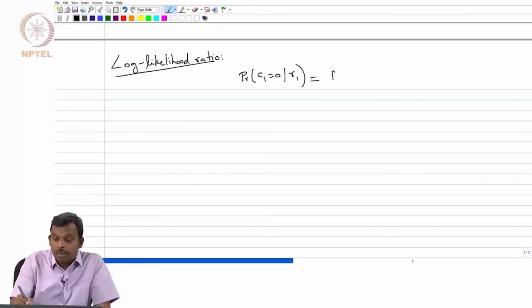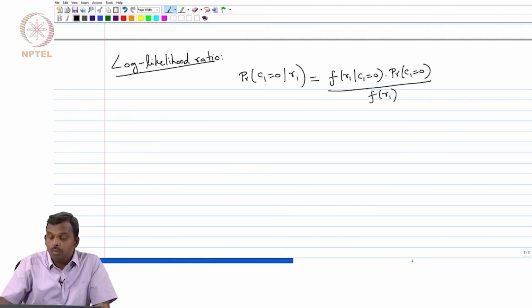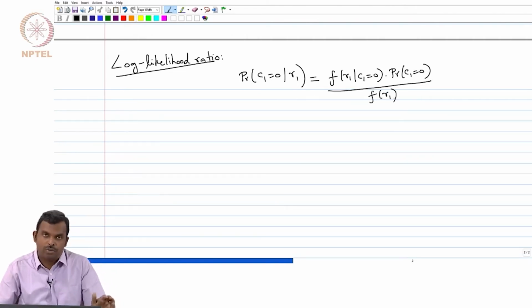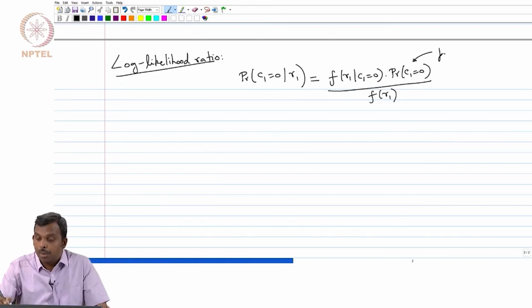You will see that this will be the PDF of R1 given C1 is 0, times the probability that C1 is 0, divided by the PDF of R1, the density of the received value evaluated at R1. This is easy enough to write. Now this is the prior probability, and it's equal to half.